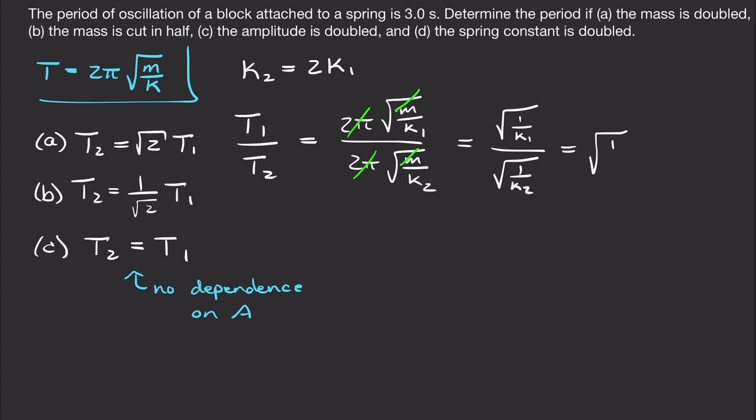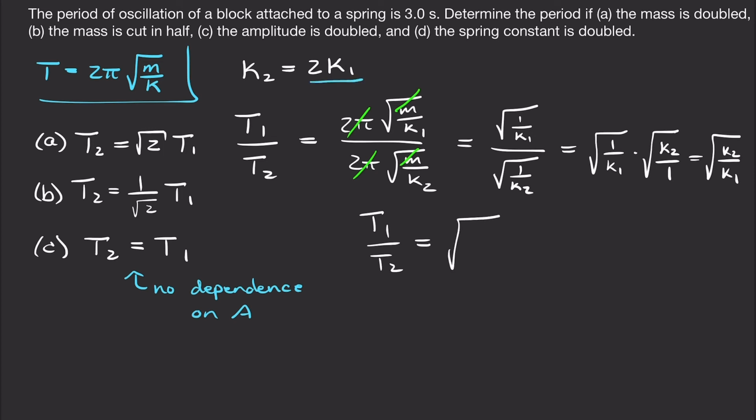So I'm going to take square root of 1 over K1 times the square root of K2 over 1. This gives me square root of K2 over K1. Now if I do my substitution, T1 over T2 is square root of, for K2, I'm going to plug in 2K1.